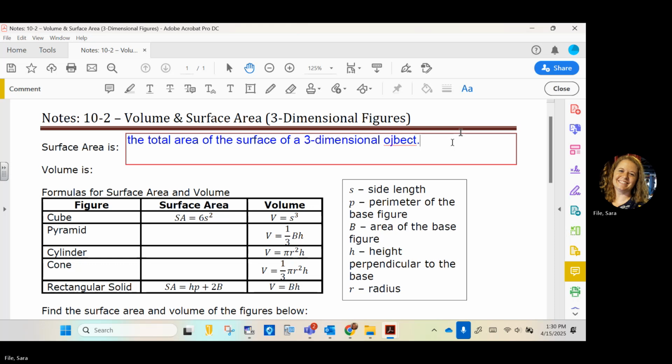You're covering the outside of the shape. So think about wrapping a present. You're covering the outside, or painting. If you're painting something, you're painting the outside of it. That's the surface area. It's all the space, the flat sides and faces of the three-dimensional figure.